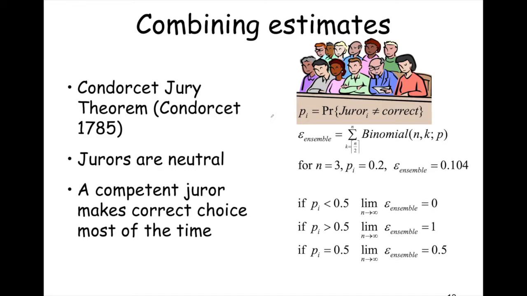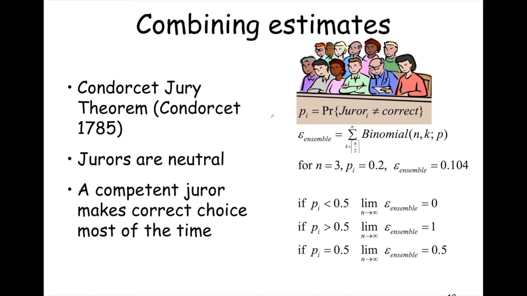This idea of combining estimates goes way back to the late 1700s with the Condorcet Jury Theorem. It's based on the premise that jurors are neutral. They're not influenced by one another or by the same factors. A juror that is competent is one that makes the quote-unquote correct choice relative to ground truth most of the time. So what does this mean?